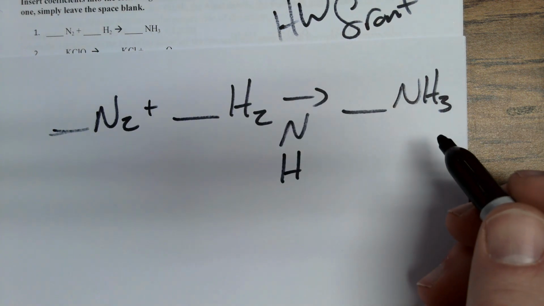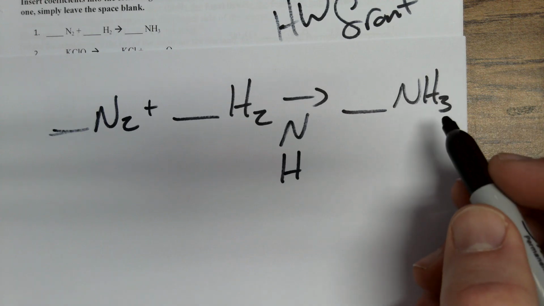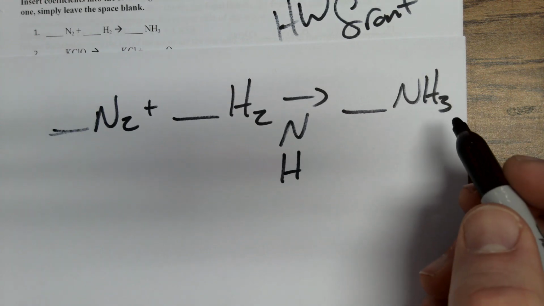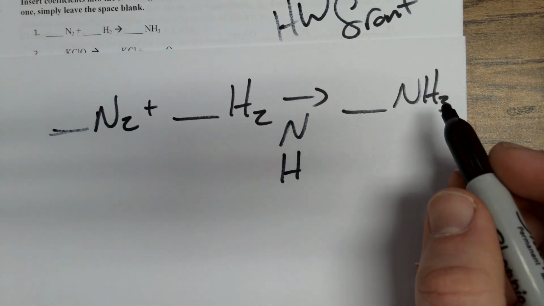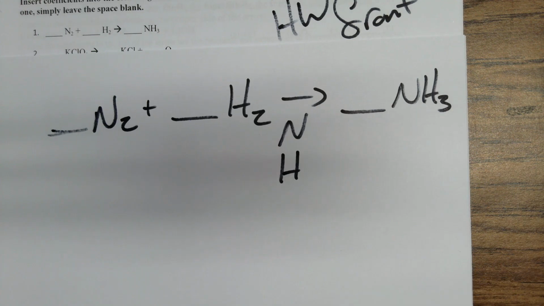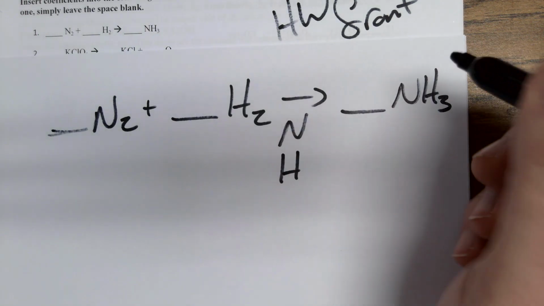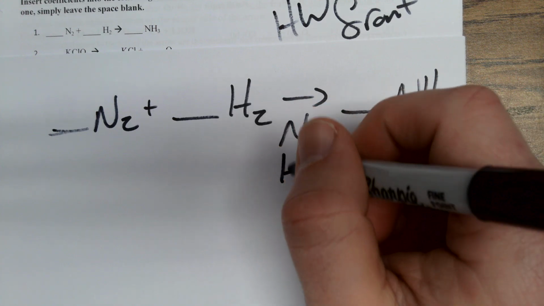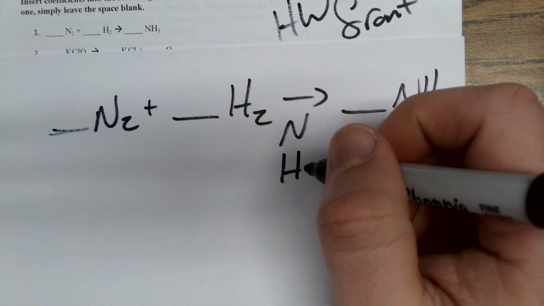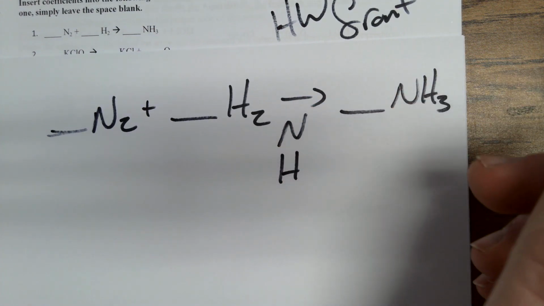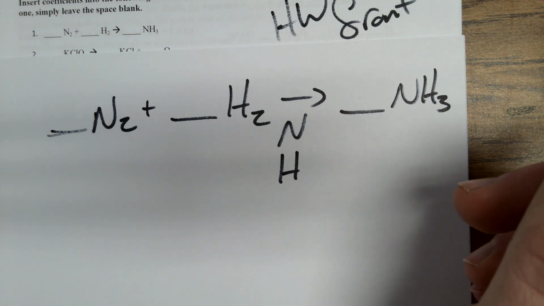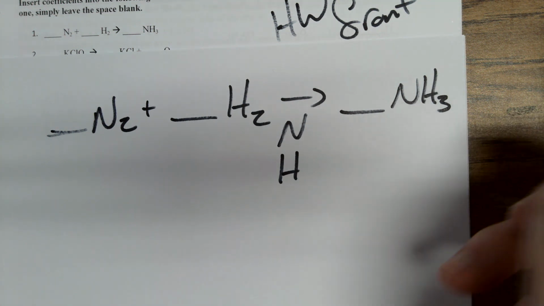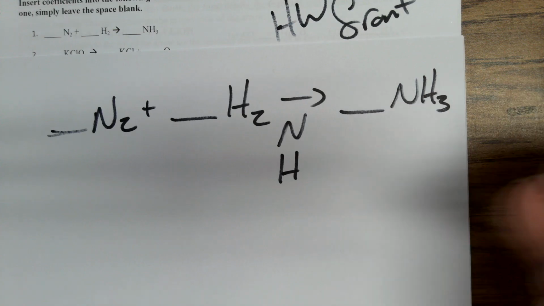On my product side, do I end with the same 2 types of elements? Absolutely. Now, we could choose to tackle this either going from nitrogen and then hydrogen, or we can do hydrogen then nitrogen. Which one would you like to go with first? Hydrogen.